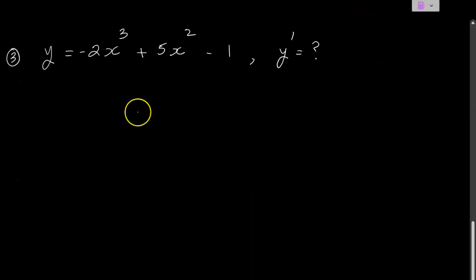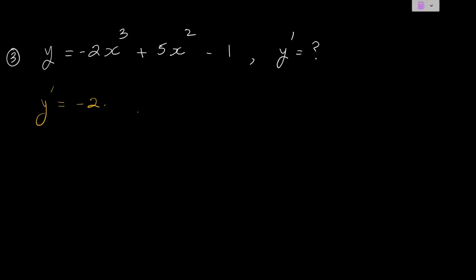We're going to go through and do the derivative for each term. So y prime is equal to, again, we're going to do it very quickly, -2 times 3x to the 2. Remember the rule again: 3 comes to the front, then subtract 1, that's what you will get.